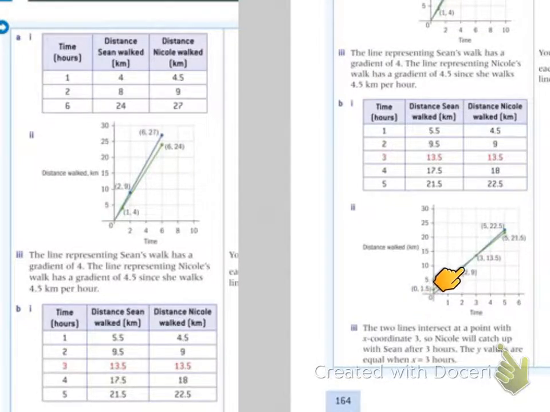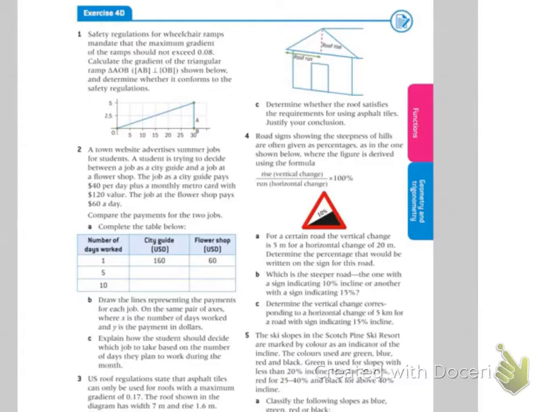And you can see that at 3 hours, and even in our chart, 3 hours represents the same exact number. At 3 hours, Nicole will catch up to Sean, and at any time after that, she will surpass him in the distance that they will walk. It's because the y values are the same. And so that's what we have to do today.